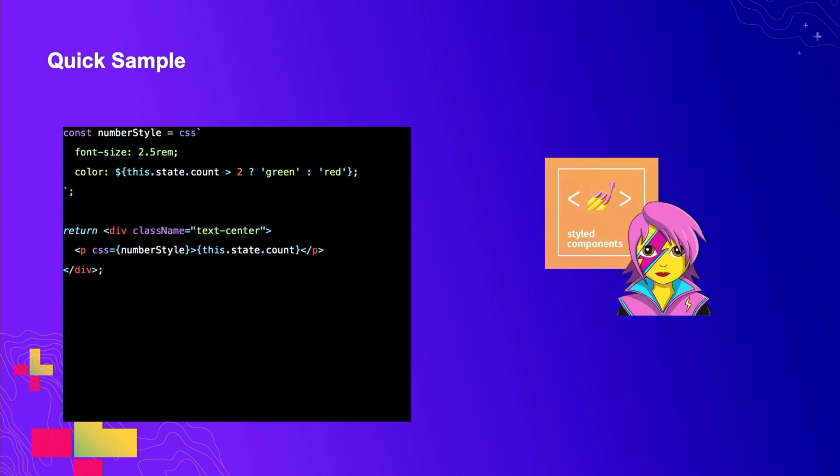If the count value is greater than 2, the text color will be green, and red if it is not. Then to apply the styles, in the DOM structure definition below, we append the CSS styles as a prop to the paragraph, which is the P element.